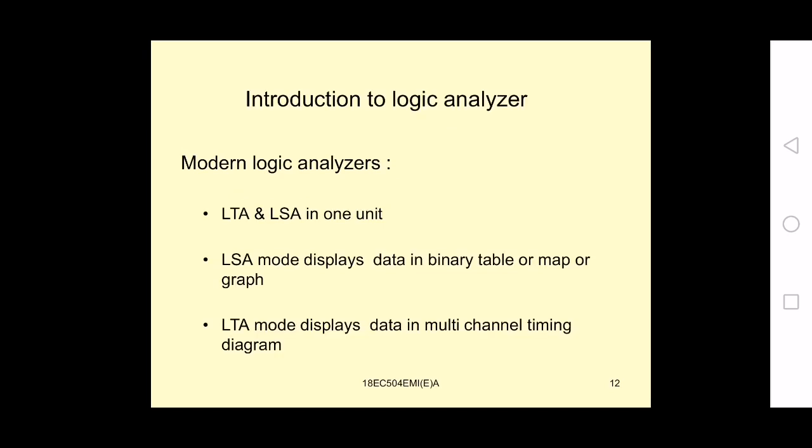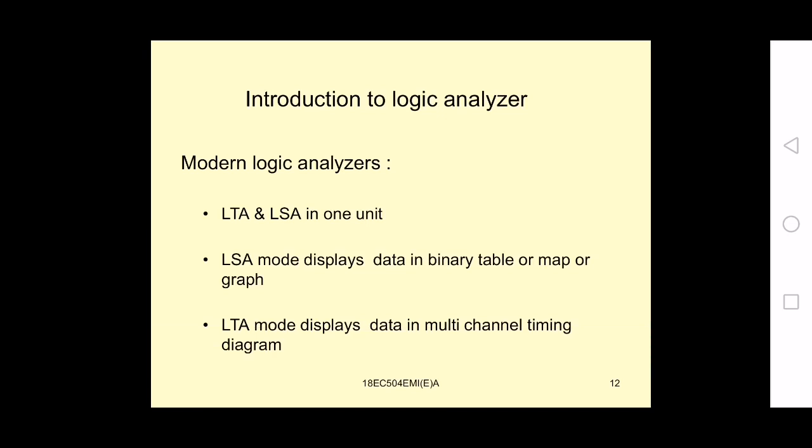Coming to modern logic analyzers, they combine both the LTA and LSA in one unit. That is the main advantage of modern logic analyzers. The LSA mode displays the data in either a binary table, map or graph, whereas the LTA mode displays the data in a multi-channel timing diagram.